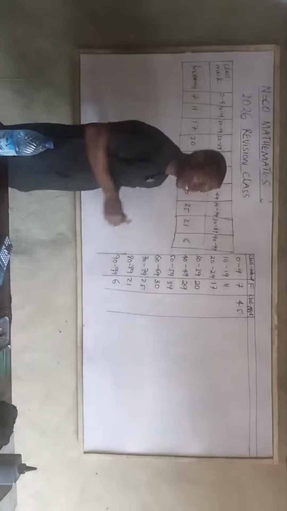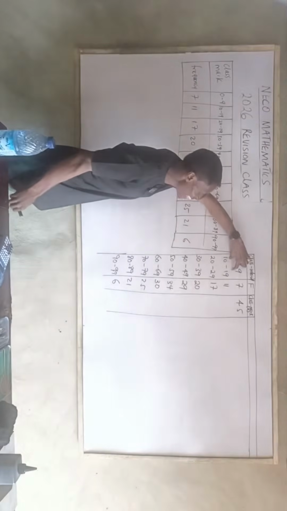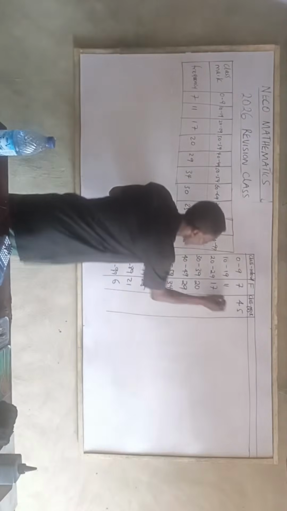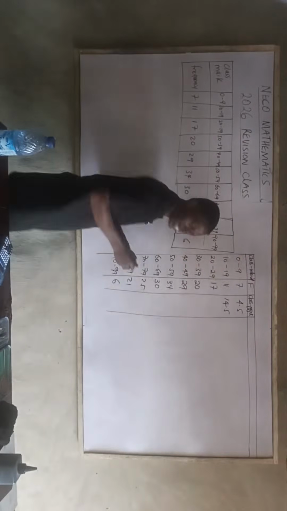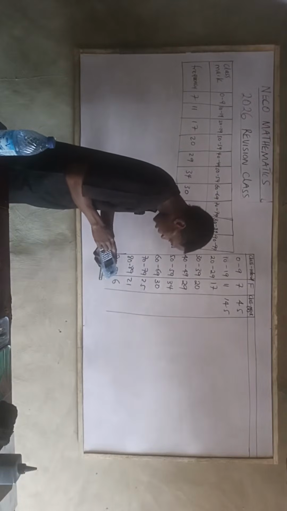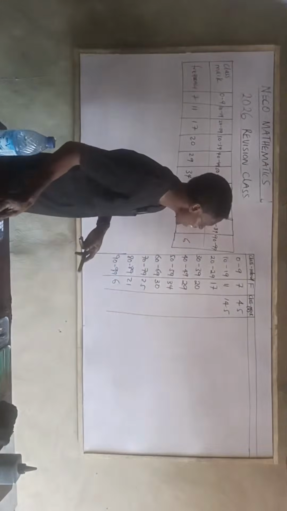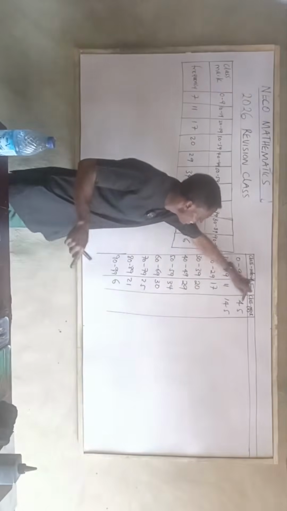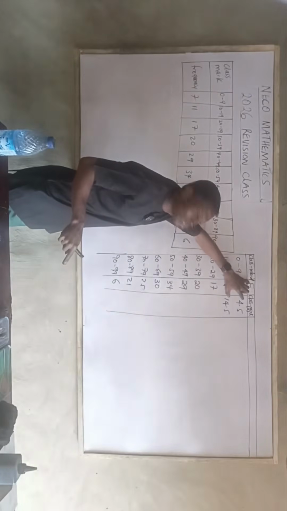4.5. And I've got to do the other one too. Add 10 to 19 divided by 2. 10 plus 19 divided by 2 gives us 14.5. Now, instead of having to run this again, just notice the difference between this and this. Notice them to be 10.